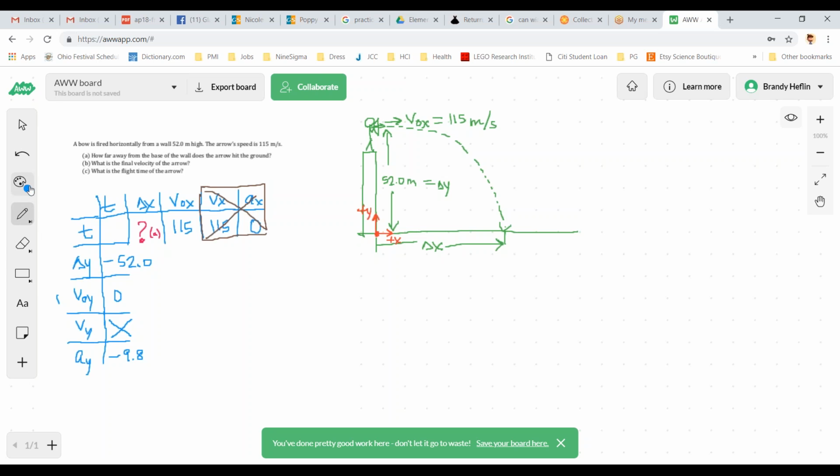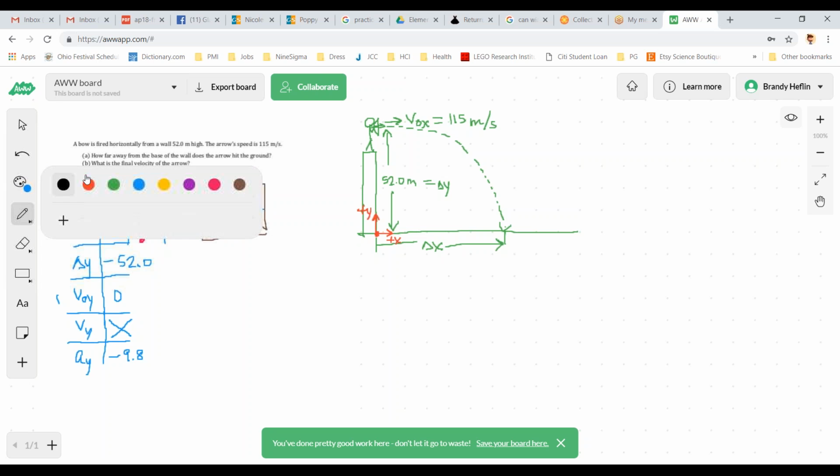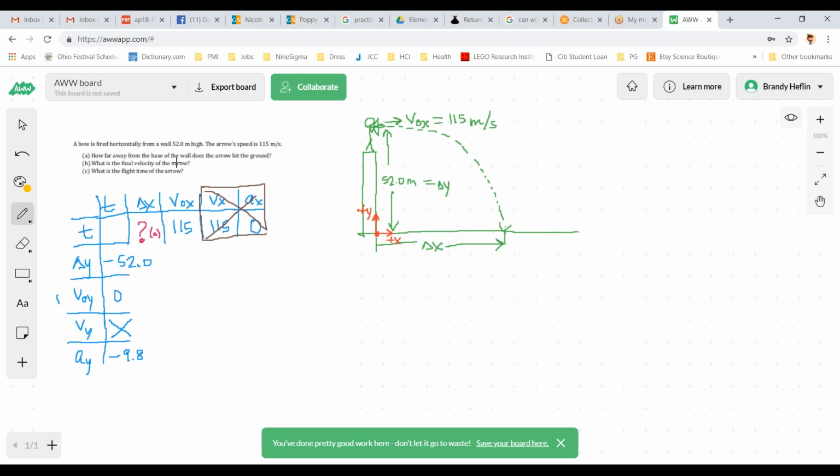So I'm going to put a nice fun colored question mark in the box for time, because we have to find that first.